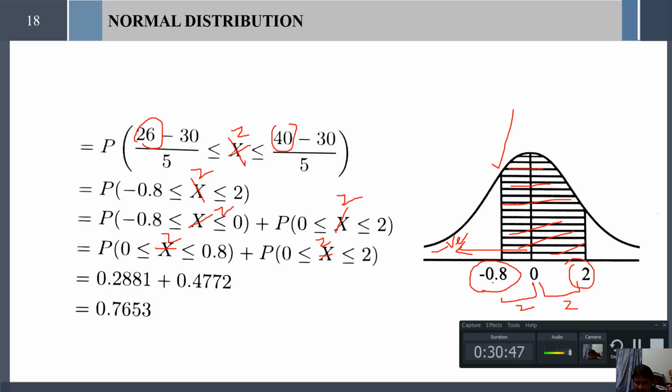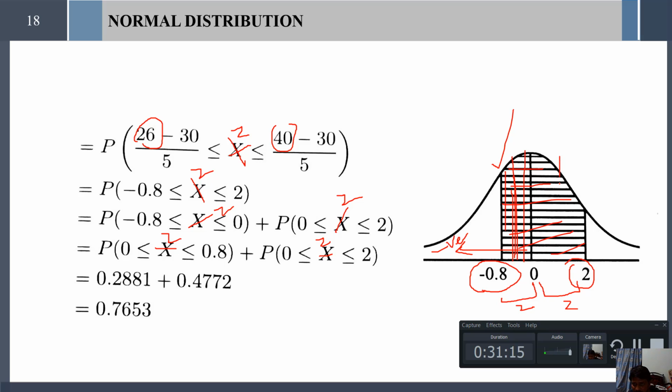So here minus 0.8 less than or equal to z less than or equal to 0, and here 0 less than or equal to z less than or equal to 2. But as this area is symmetric, being a normal curve, this is symmetric.